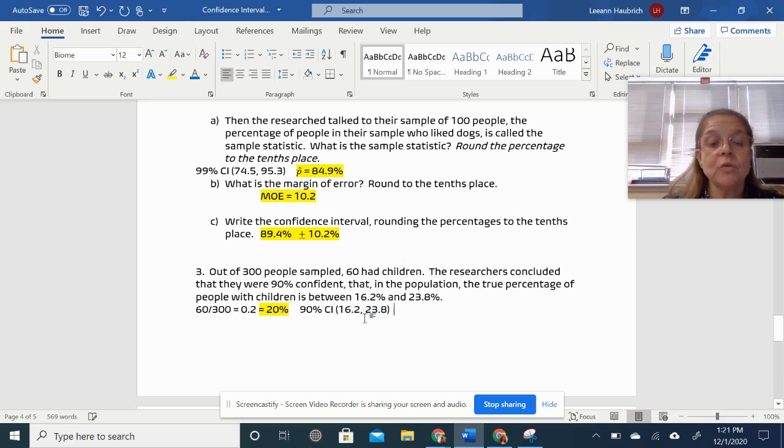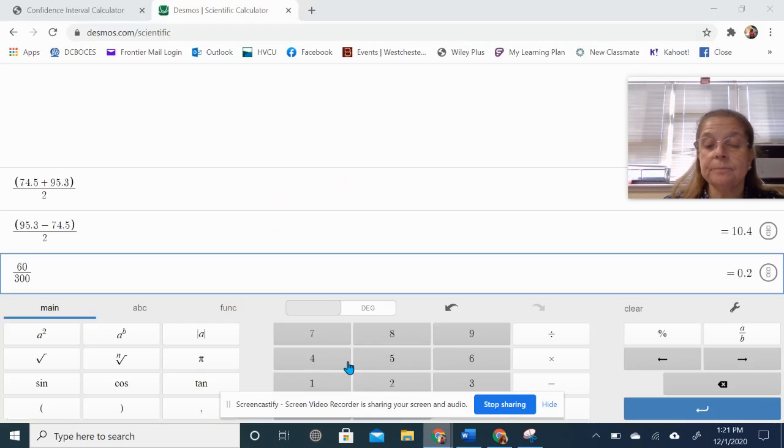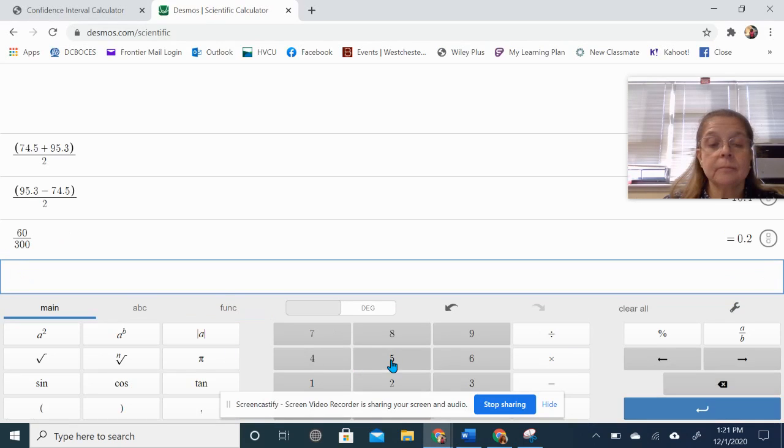So to get the margin of error, we subtract 23.8 minus 16.2.